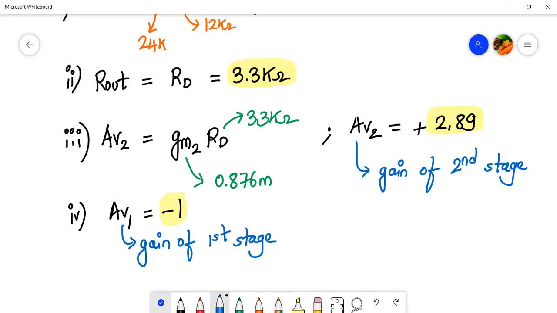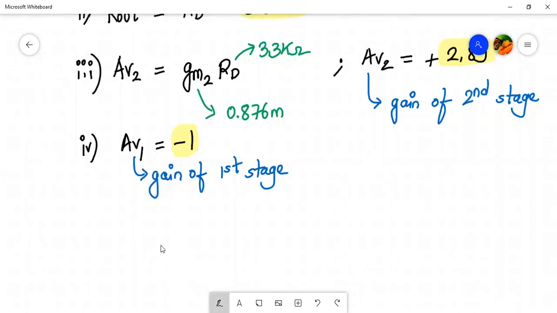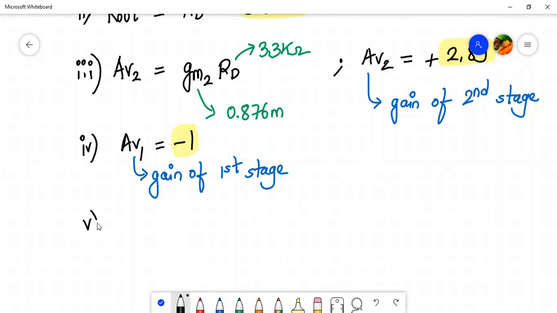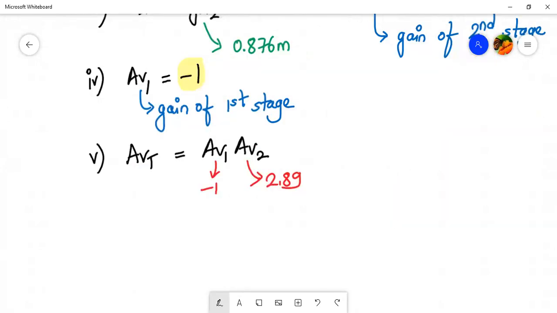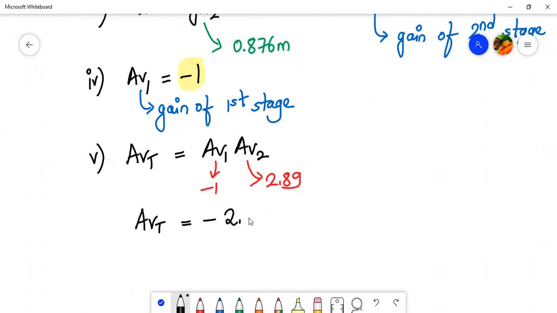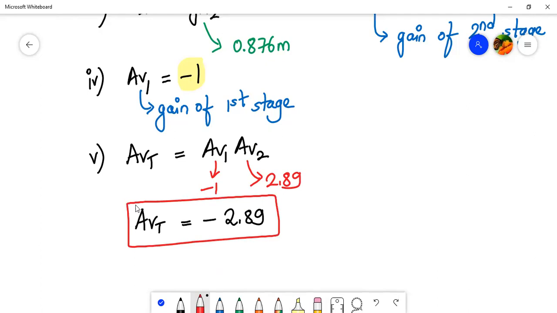The overall voltage gain will be Av1 into Av2. Here, Av1 is -1 and Av2 is 2.89. So the overall voltage gain of the cascode amplifier for the given numerical will be -2.89. I think with this, we completed the numerical.